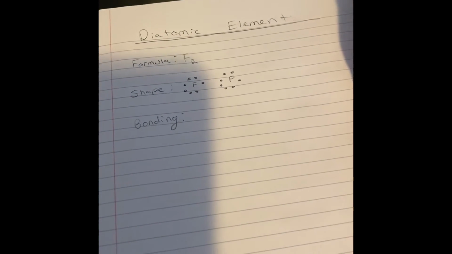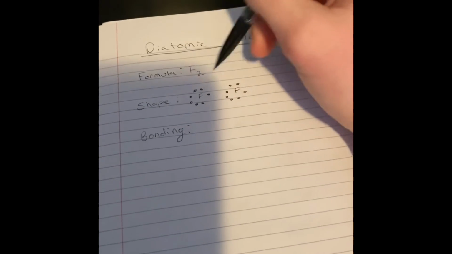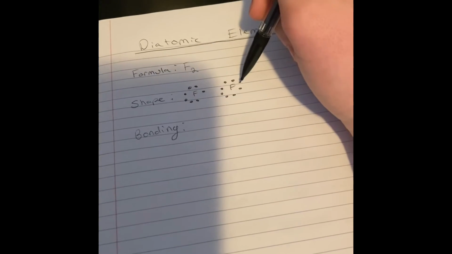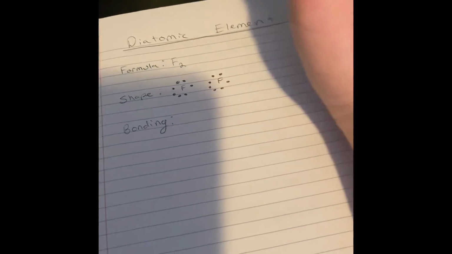So the shape of each individual atom looks like this. And in order to fill the outer layer or outer shell, these two atoms have to come together and share a pair of electrons, these here.